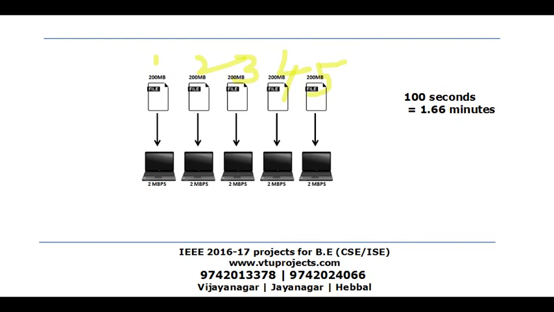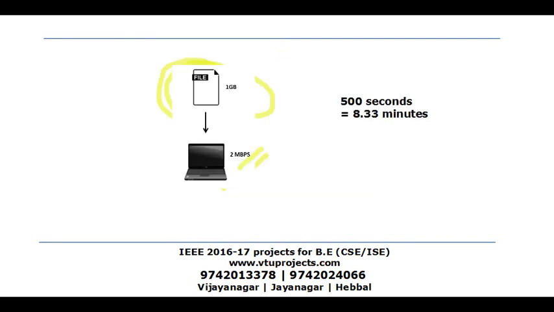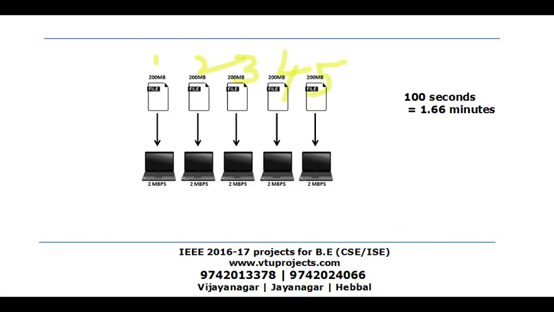Remember, we are copying all the 5 files parallelly, so overall time taken to copy 1 GB of file is still 1.66 minutes. Okay, compared to the previous way of copying the data where it took 8.33 minutes. So now the new technique that we saw here will be taking only 1.66 minutes. Okay, so this is how you can improve the performance, the speed. Okay, this is how you can reduce the time taken.